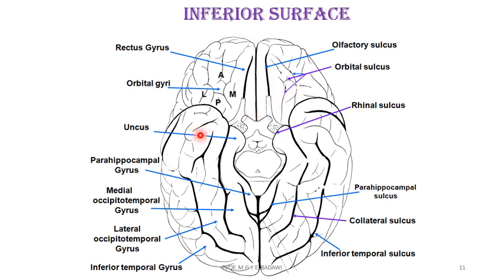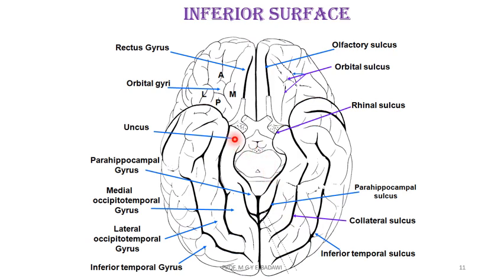On the tentorial surface, we have what we call the rhinal sulcus, the parahippocampal sulcus, the collateral sulcus, and the inferior temporal sulcus.